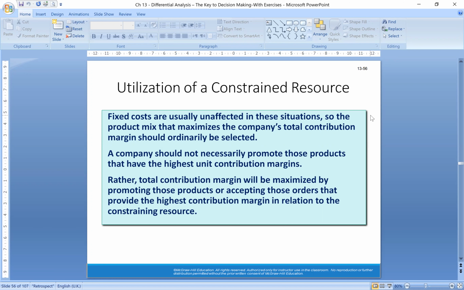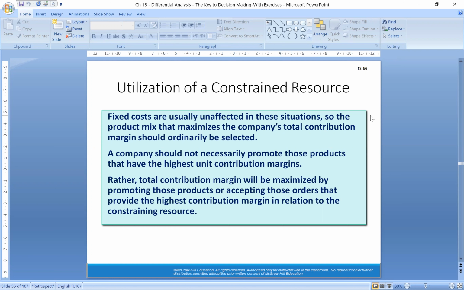If we exclude the fixed expenses because they are unavoidable and irrelevant, this means that we consider the variable expenses, which means we are talking about the contribution margin. A company should not necessarily promote those products that have the highest unit contribution margins.